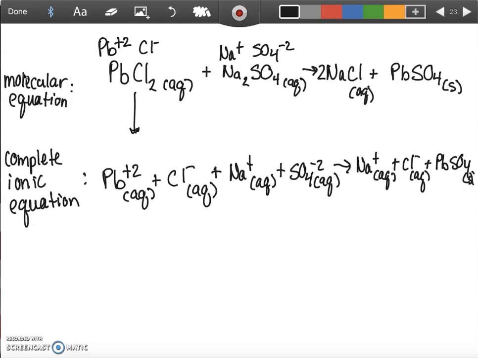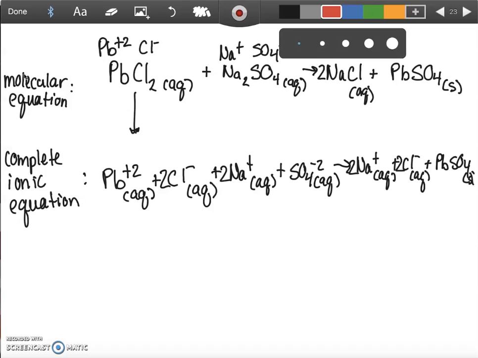Now we got to go through and balance this. There was a 2 there, 2 here, 2 here, 2 here. Now we go through and cancel everything that's the same on both sides, okay? And remember to leave any ion that is involved with making the solid, the PbSO4.